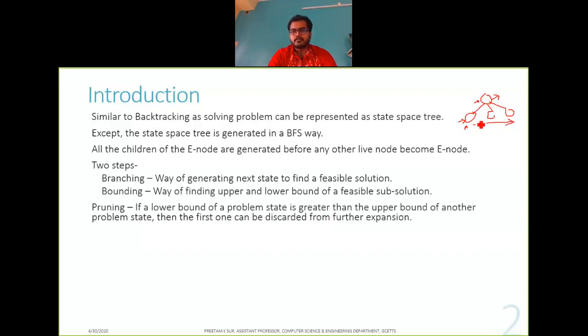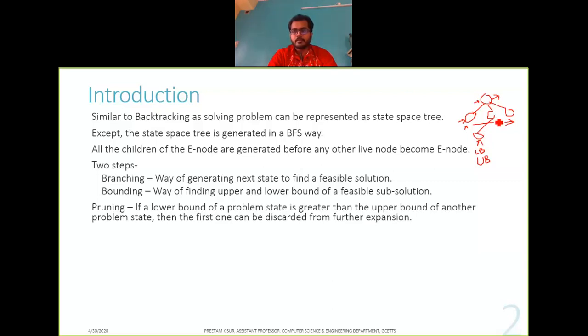Suppose for this node we have derived its lower bound and upper bound. The lower bound is how many steps are at least required from this state to generate the answer state, and the upper bound is the maximum number of steps required from this node to find the answer node.